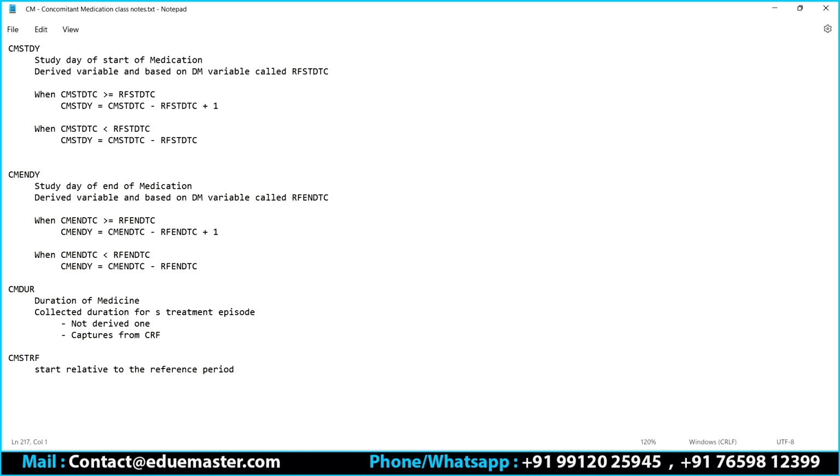All right, so what exactly is it? It describes the start of the medication relative to the sponsor defined reference period. The sponsor is already going to define some reference period, right? With that particular reference period, what is the relation? Start relative to the sponsor defined reference period.